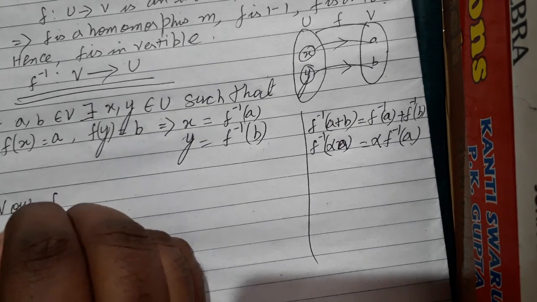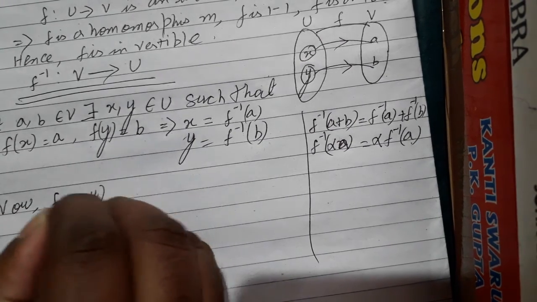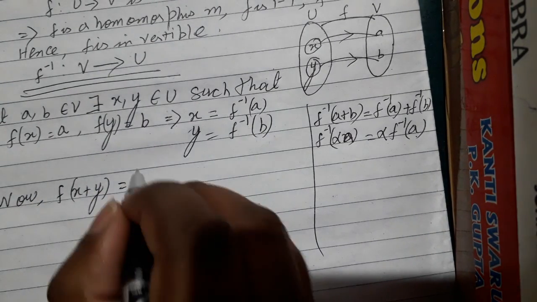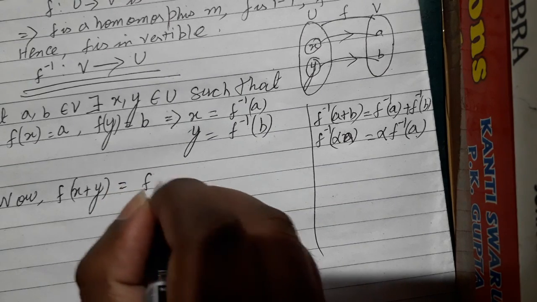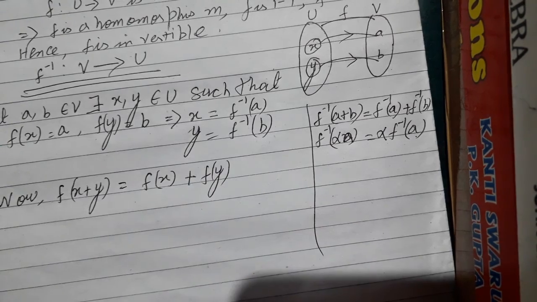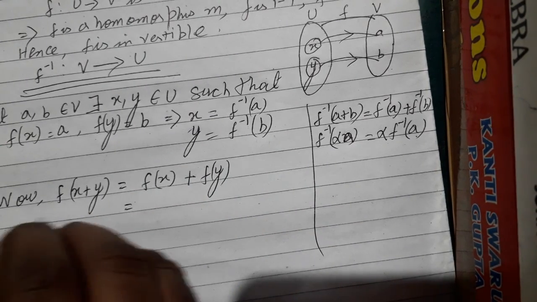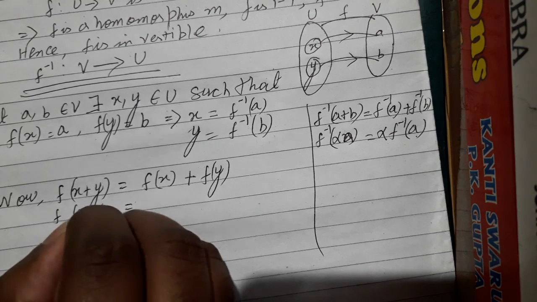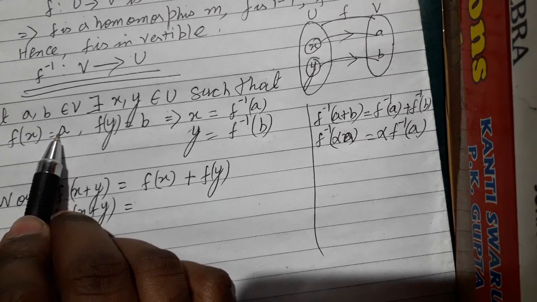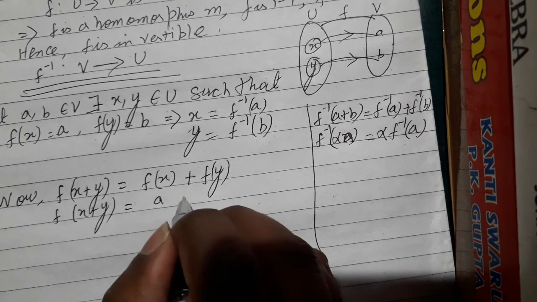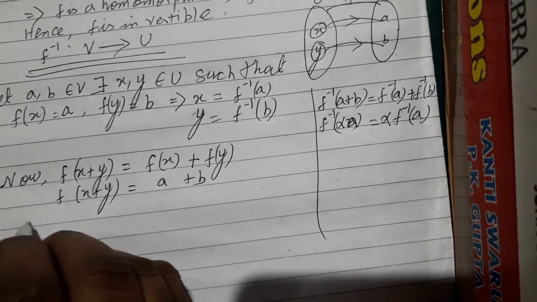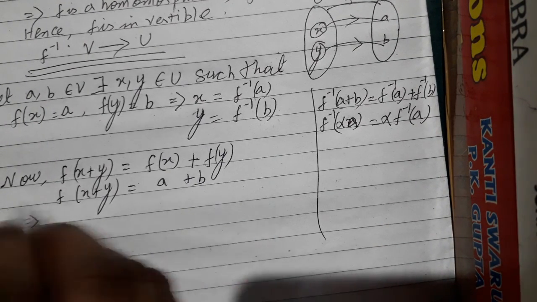If we can show these two conditions, then f inverse is a vector space homomorphism. So I take f of x plus y. Since f is a vector space homomorphism, this can be written as f of x plus f of y. Now what is f of x? f of x is a. What is f of y? f of y is b. Now you apply the inverse to both sides.